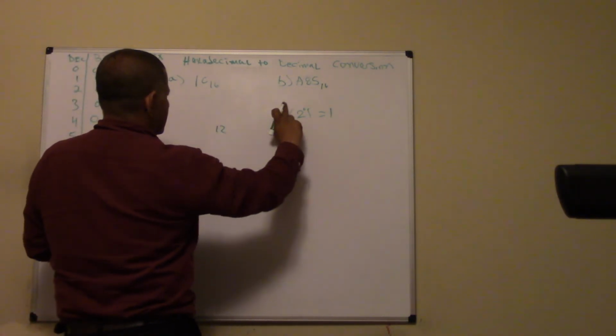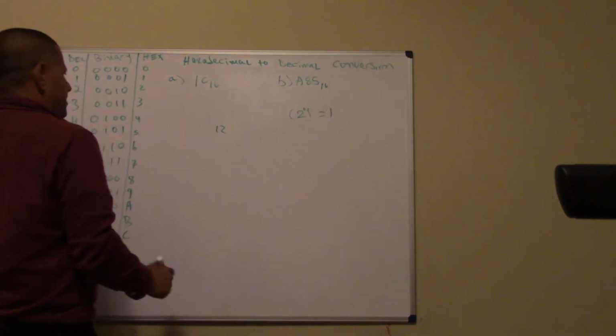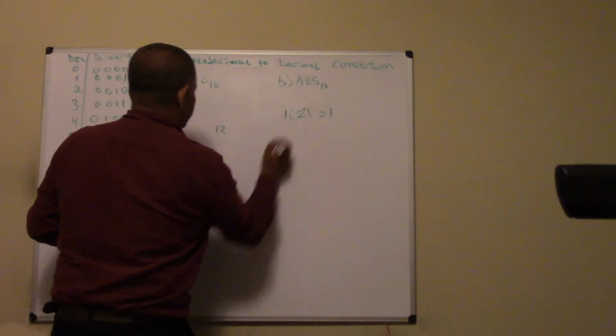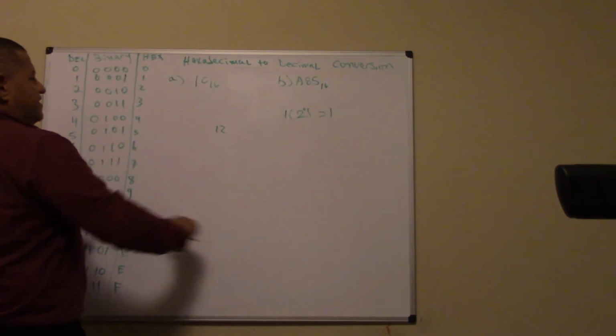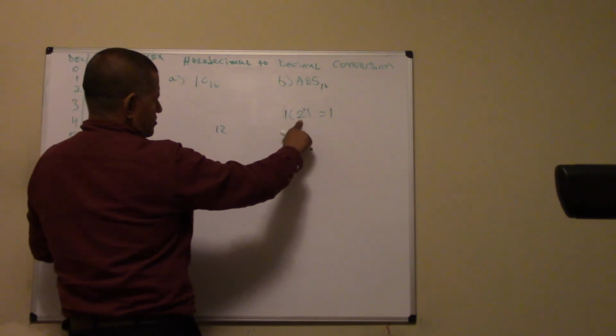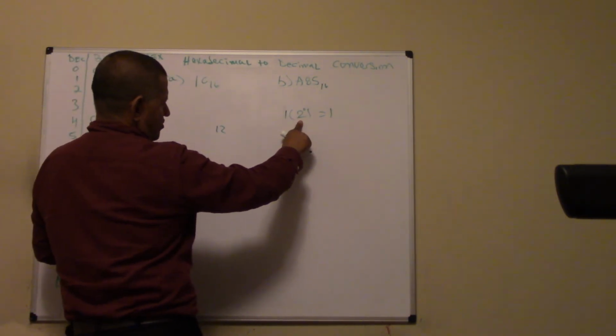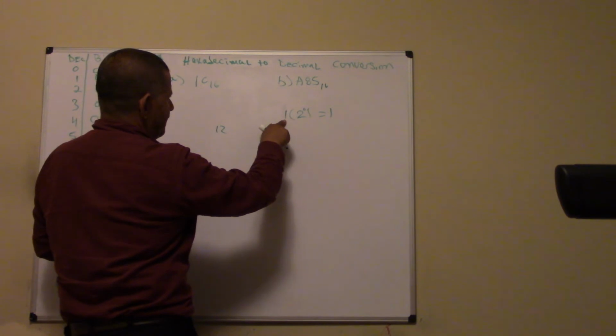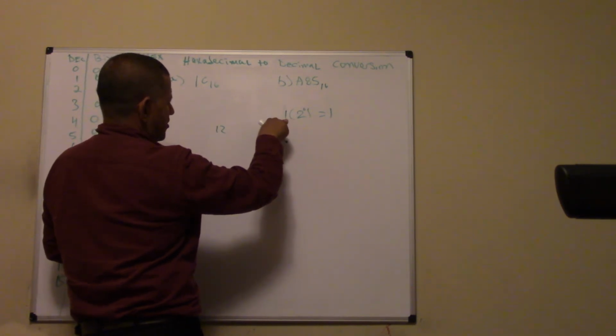Times, okay, let me just go back to this example. This is base 2, right? This is base 2, right? But this one is the factor, in binary.